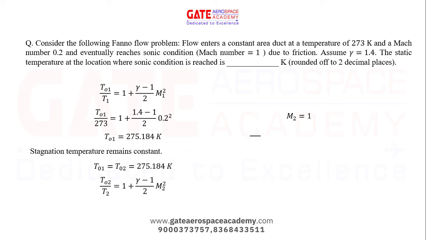So T02 divided by T2 is equal to 1 plus (1.4 minus 1) upon 2 into 1 square, which is equal to 1.2. So T2 is equal to T02 divided by 1.2. 275.184 divided by 1.2 is equal to 229.32 Kelvin.